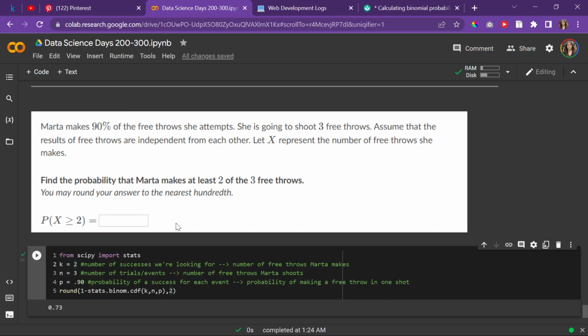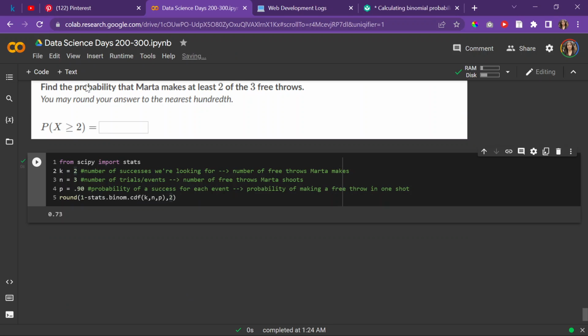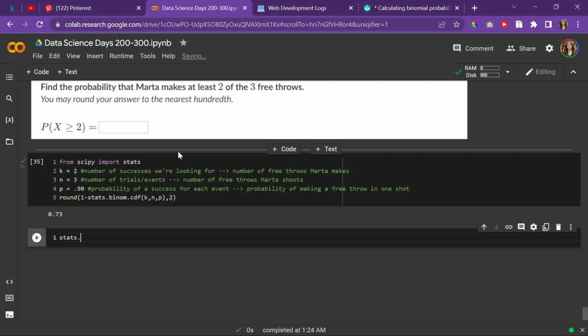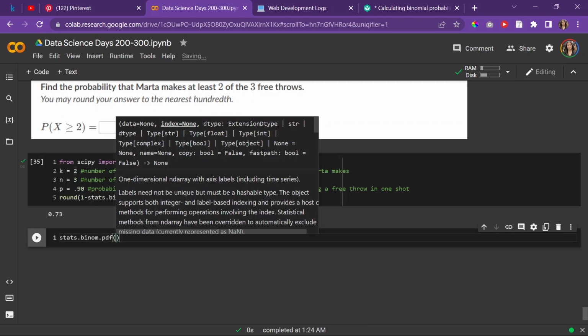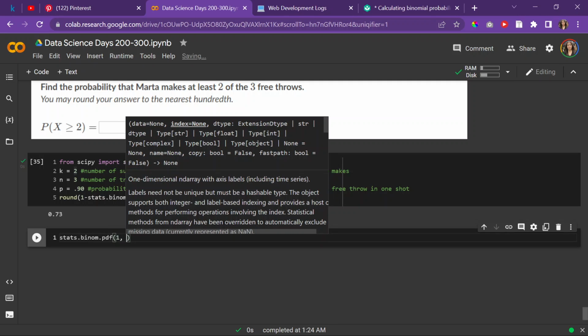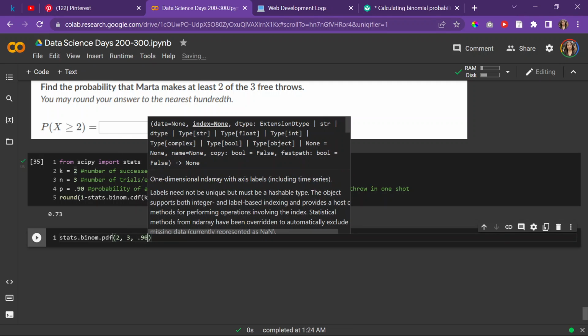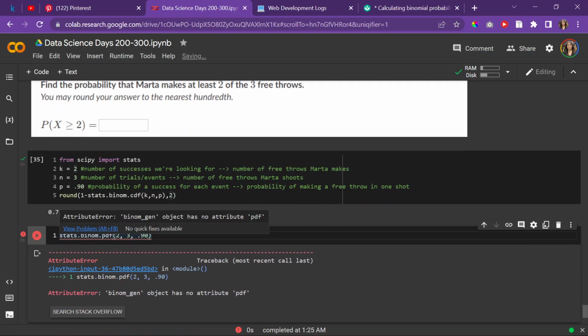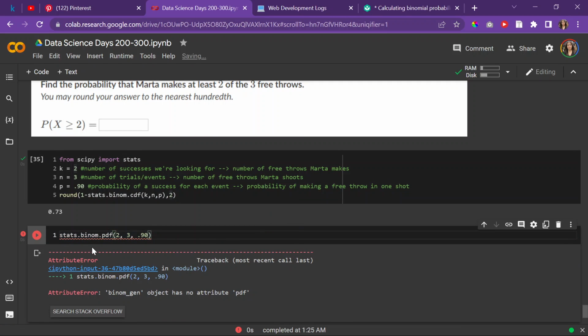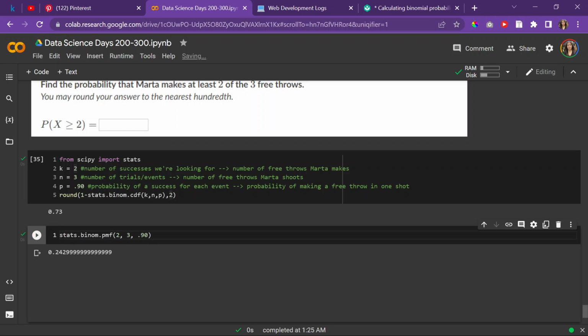Hold up. I could have just done stats.binom.pmf, K and P. So K would be 2, N would be 3, P would be 0.90. Alright, and then this would be the probability of 2.